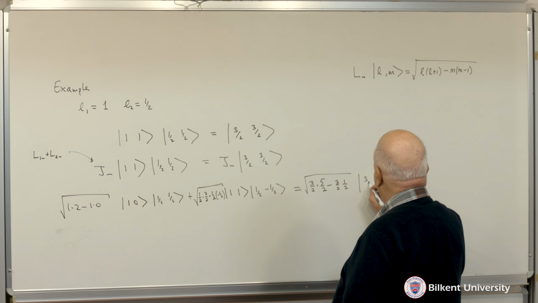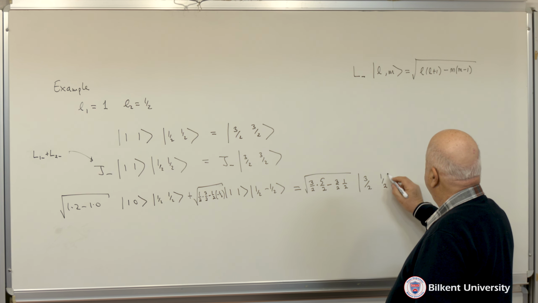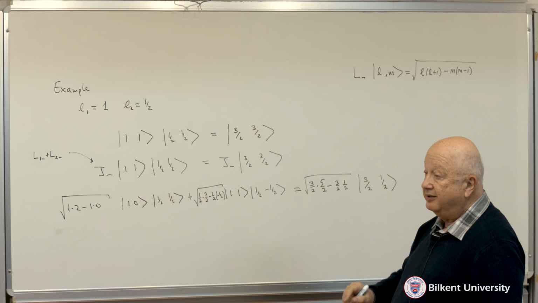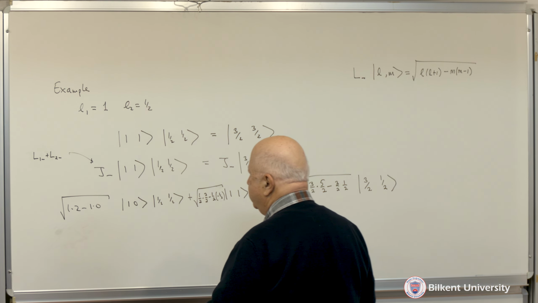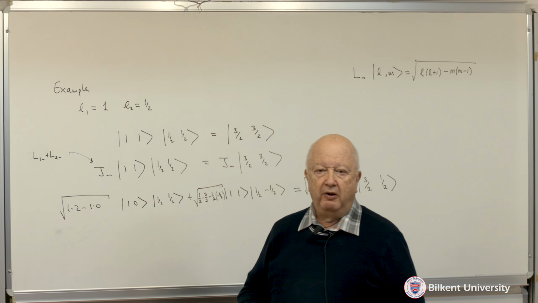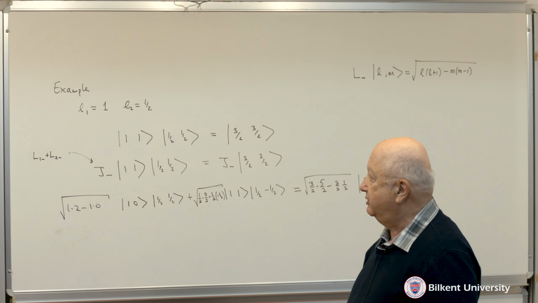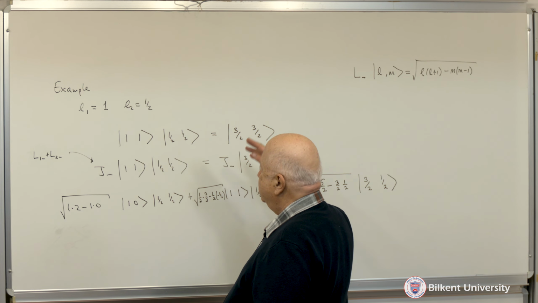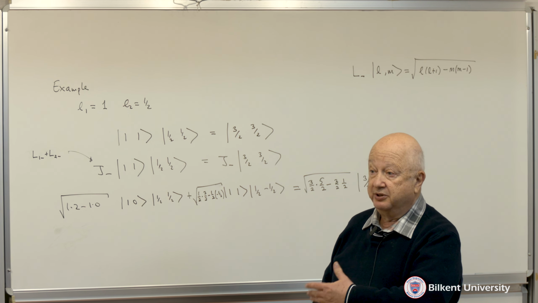And what do I have? 3/2, 1/2. So now I have related one lower set of things. If you remember what we did for the spin 1/2 case, it was really the same thing. We started with the 1, 1 state and then went down generating all the triplet states, for example.